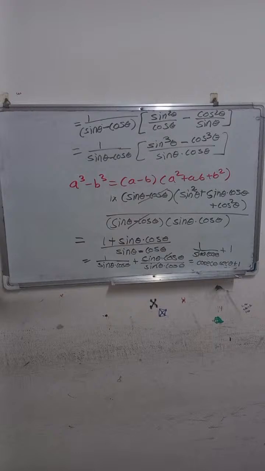Yesterday we did x square plus y square is equal to a square plus b square. Now we are doing x square minus y square is equal to p square minus q square, but here the values are entirely different.